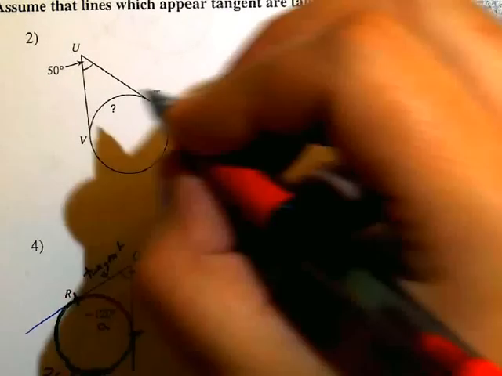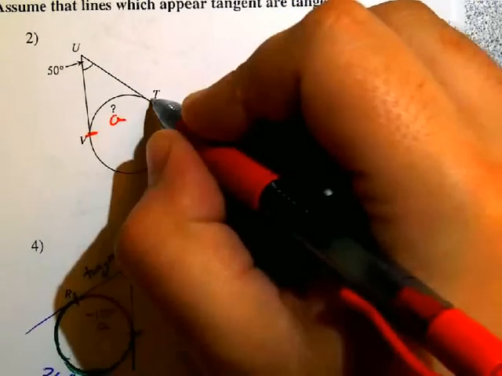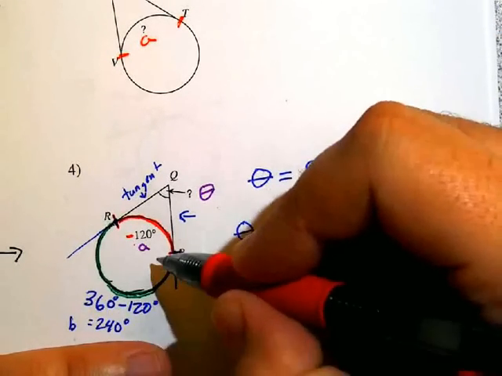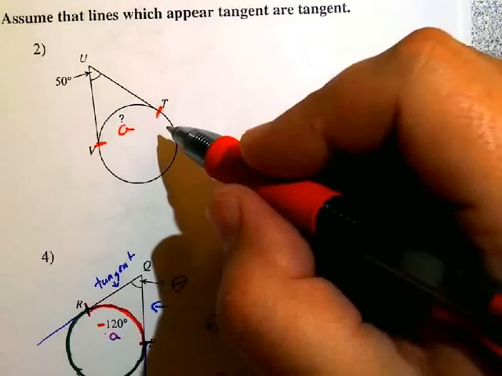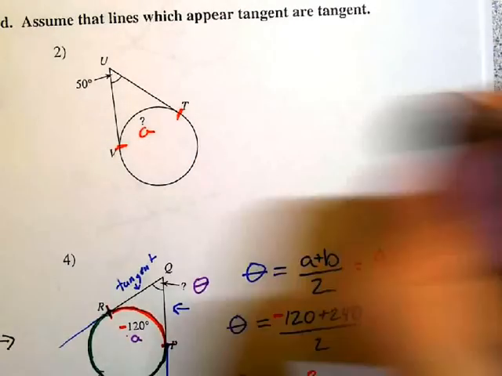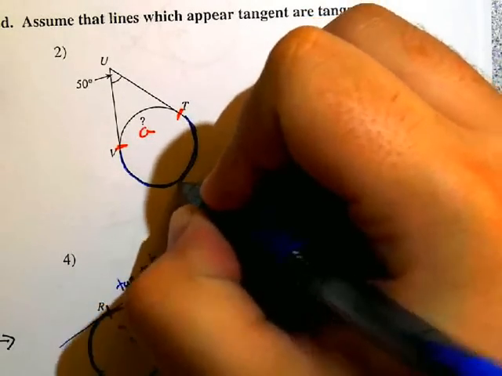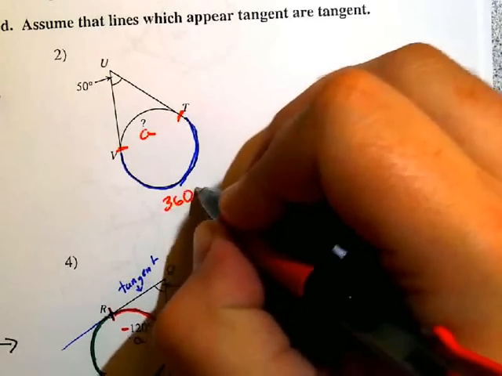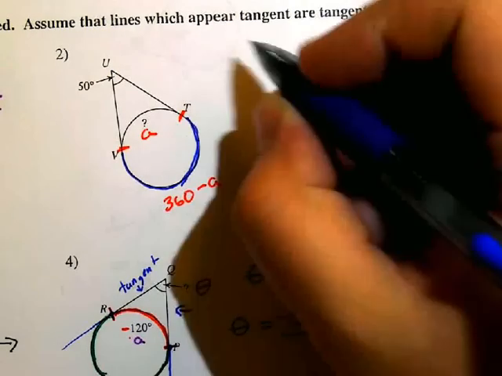The reason it's tough is because we've got A here, and we talked about on this last problem how the bottom was like 360 minus 120. So I don't really know what A is in this case, but I do know that the bottom section here is going to be 360 minus whatever that A is.